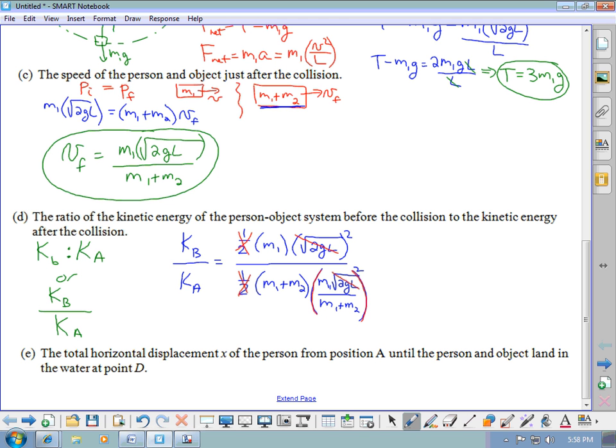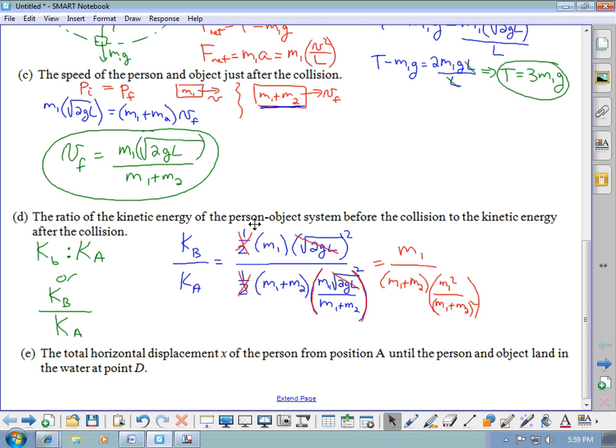So that's m1 squared divided by m1 plus m2 squared. So this is m1 divided by m1 plus m2 times the quantity m1 squared over m1 plus m2 squared.